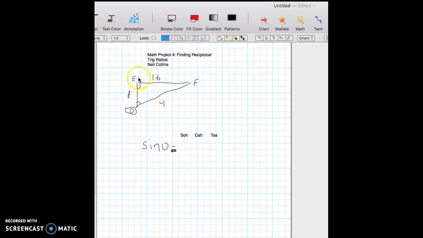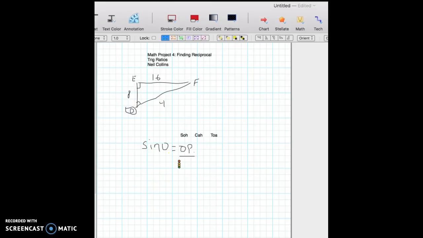So OH, that O right there is going to stand for opposite. We're just going to abbreviate it. And that H, the second letter, is always going to go underneath, and that H is going to stand for hypotenuse.